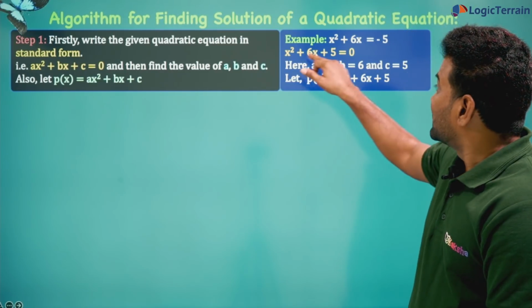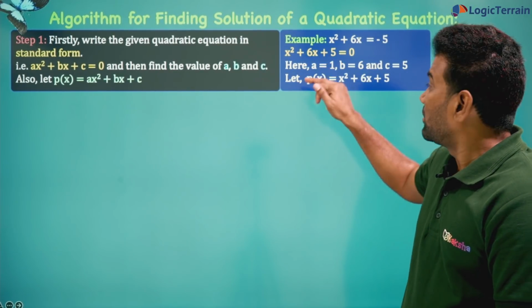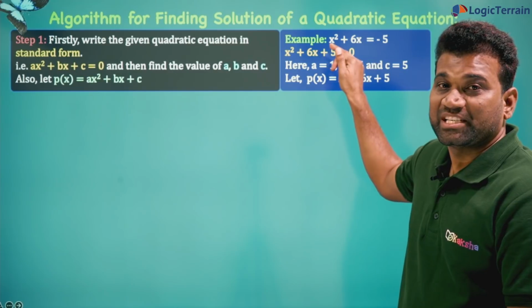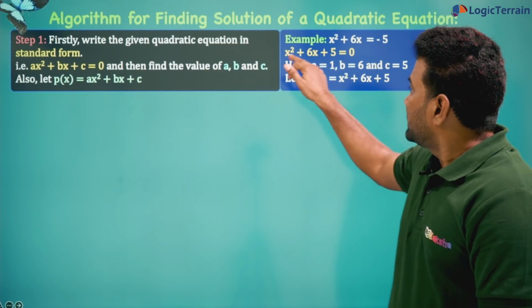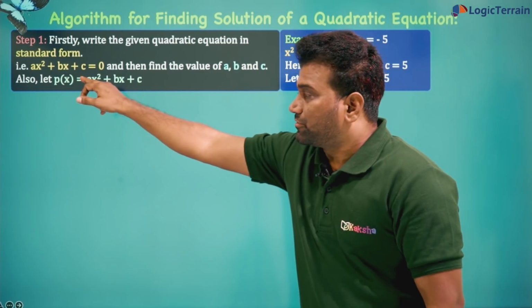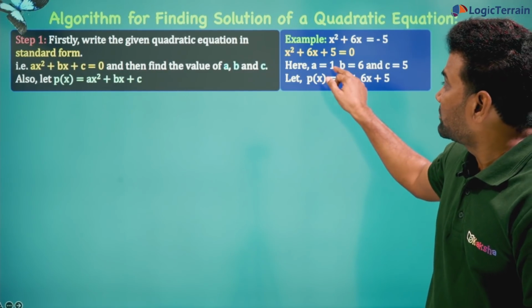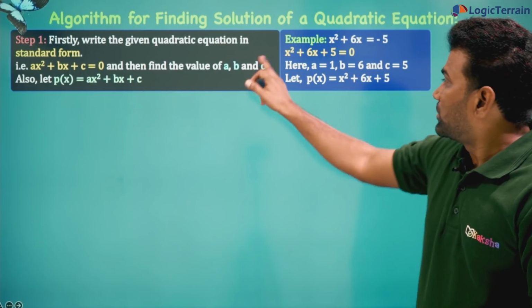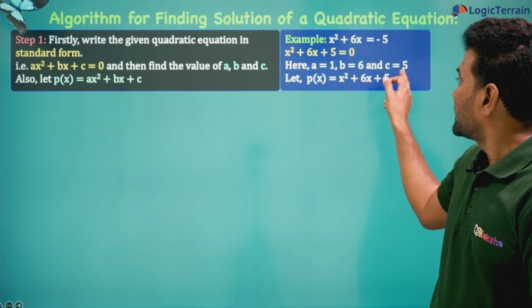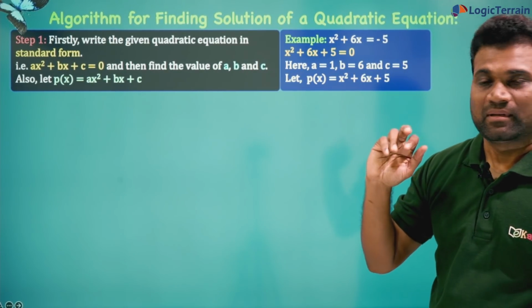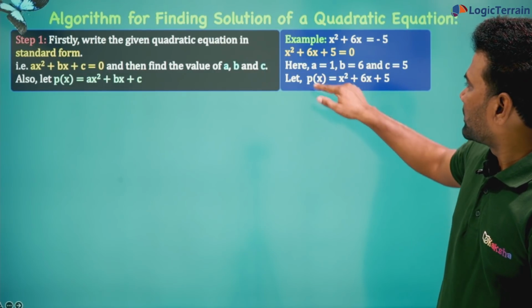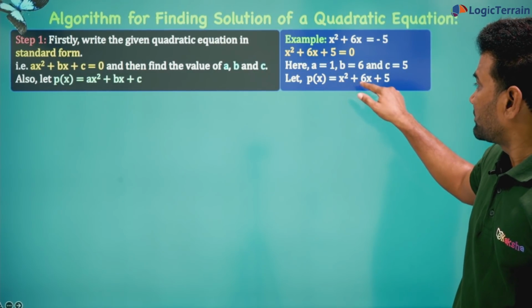Now this is called the standard form of this quadratic equation. On comparing this equation with the standard form, the coefficient a, the x square coefficient, is 1, b, the coefficient of x, is 6, and the constant c is 5. Let us give some name to this polynomial, that is p of x equal to x square plus 6x plus 5.